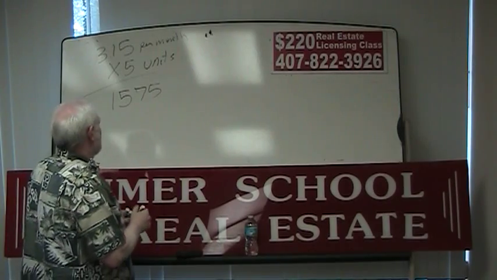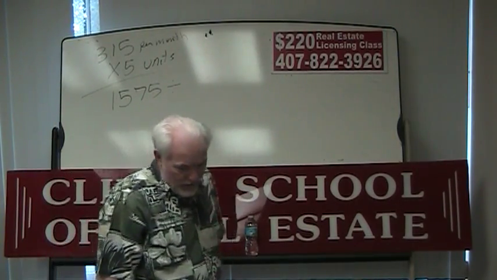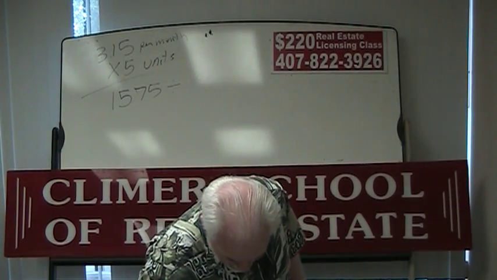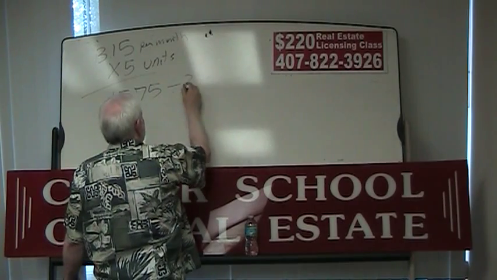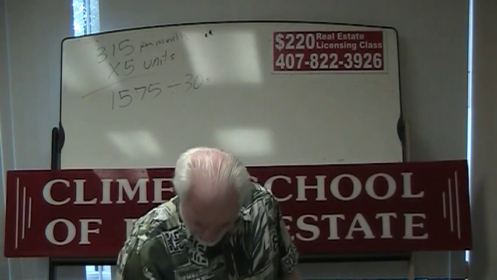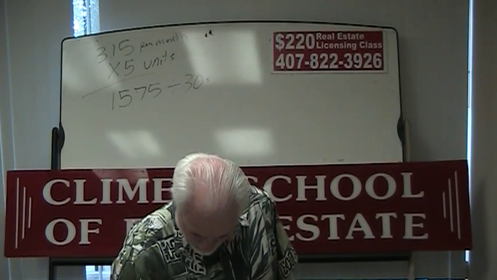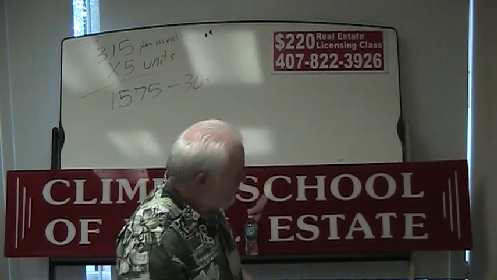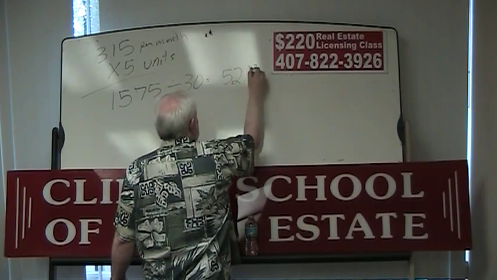Seller collected that rent. We're going to divide that by, what month are we closing in? We're closing in the month of September. So we're going to divide that by 30 days in September. And that is $52.50 per day.